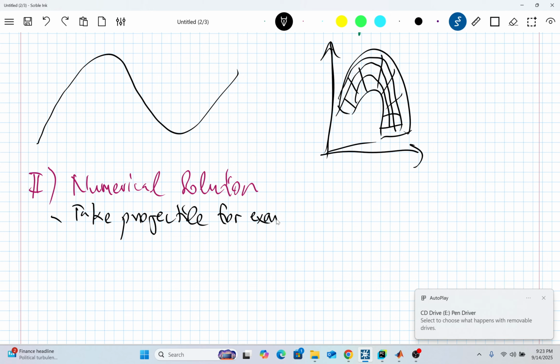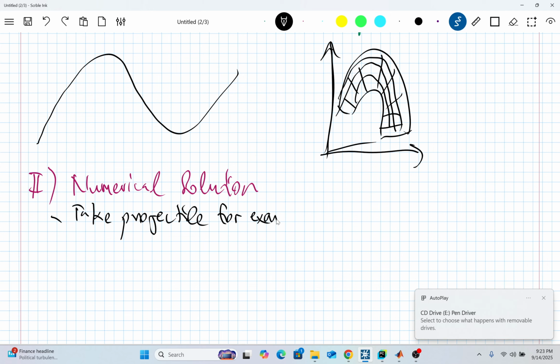A projectile is affected by mg, and some will also describe it with an additional force, Fd, the drag force of the air that slows down the projectile as it travels through the air particles. So basically, the second law of Newton says that Fd plus mg equals ma, right?